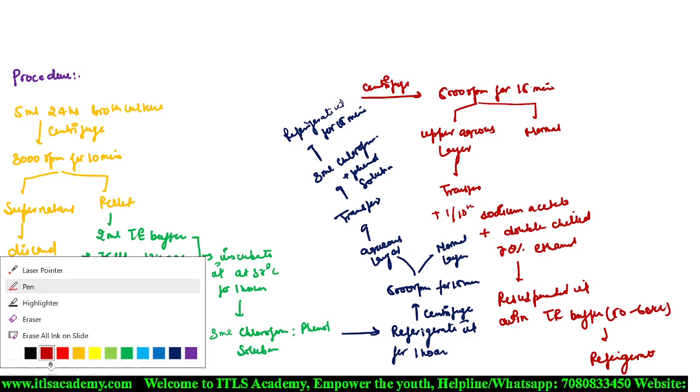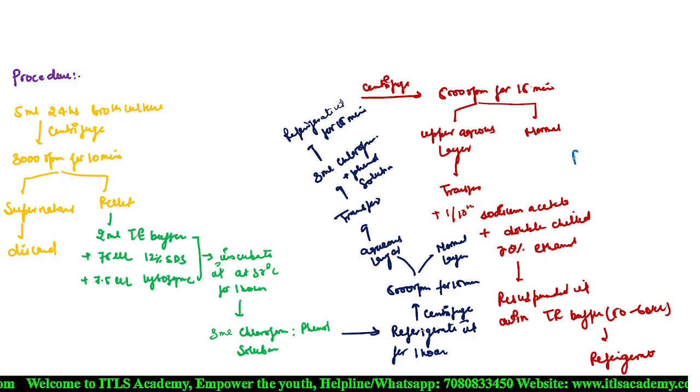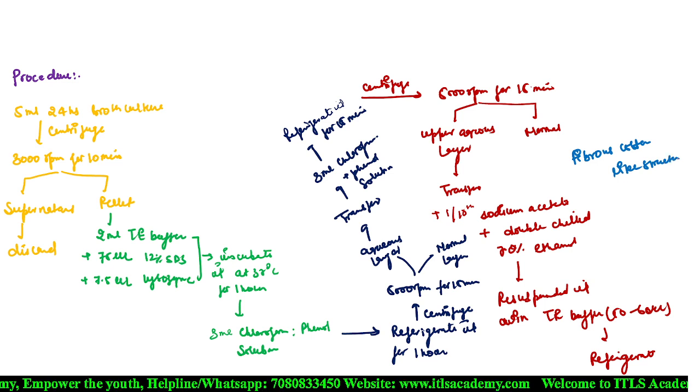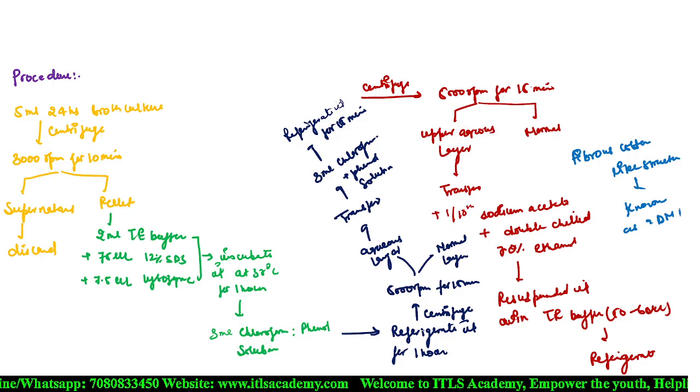A fibrous, cotton-like structure is known as the DNA molecule. Clear my points? Isolation of the DNA from bacterial cell is clear. Yes, ma'am. Okay.